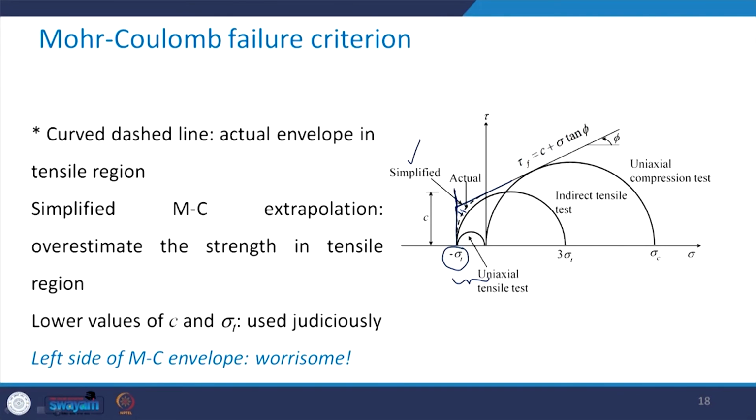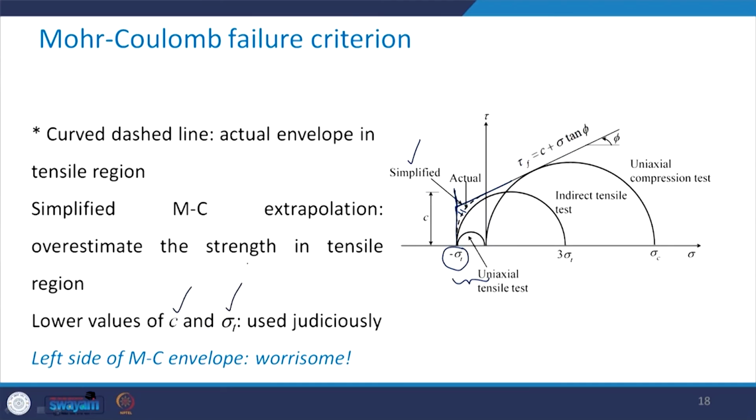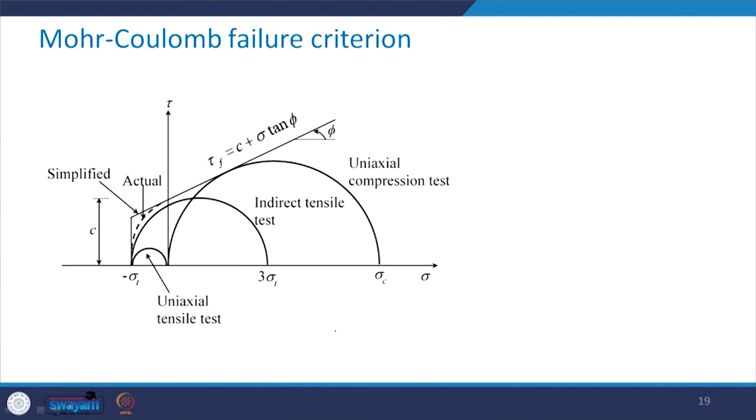So, one needs to be careful about the choice of the values of C and sigma t. It has to be used judiciously. Basically, this tensile part or the left side of this Mohr-Coulomb envelope is worrisome. We need to be careful about it.